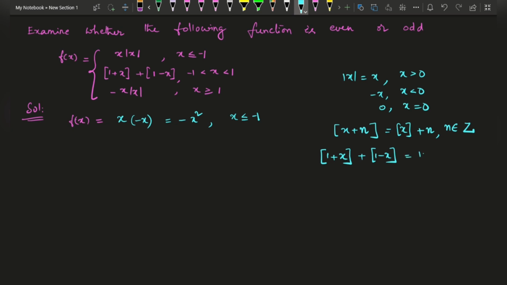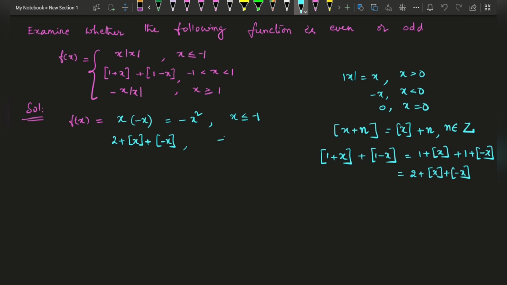Obviously, we can write it as 1 plus integral part of x plus 1 plus integral part of minus x. Here 1 plus 1, it becomes 2 plus integral part of x plus integral part of minus x. Now the second function can be written as 2 plus integral part of x plus integral part of minus x.